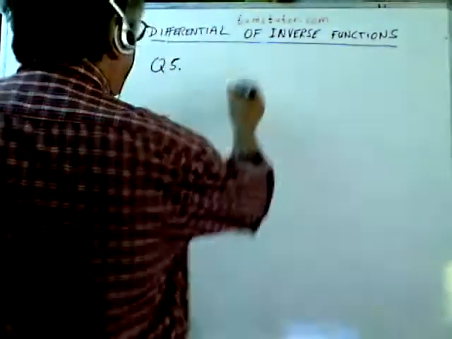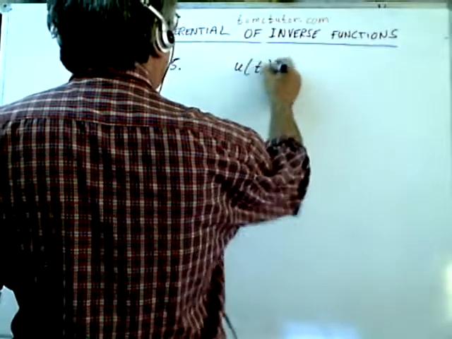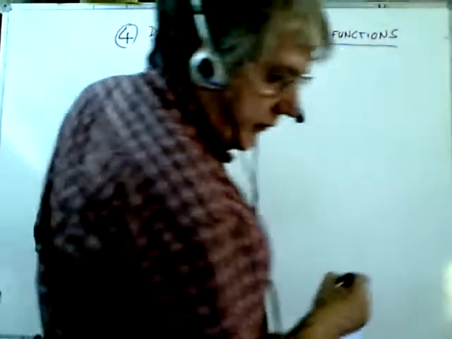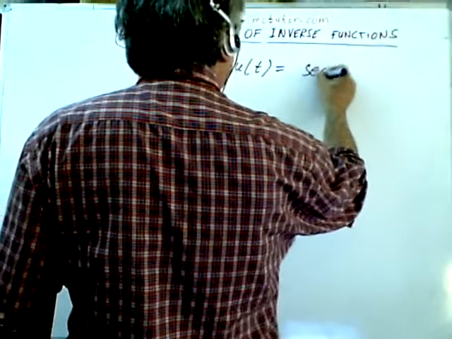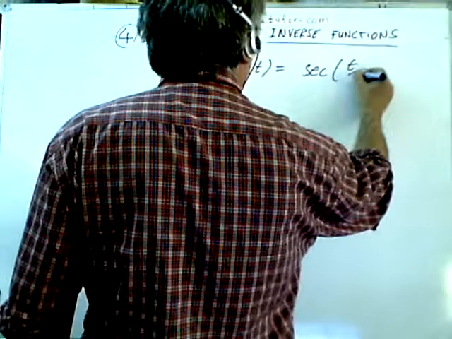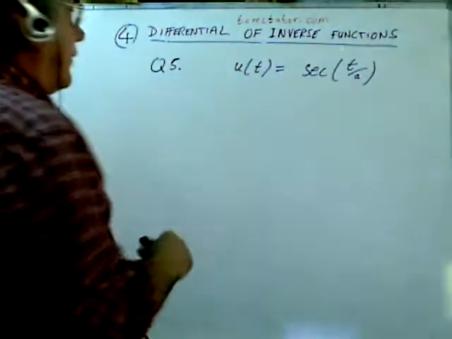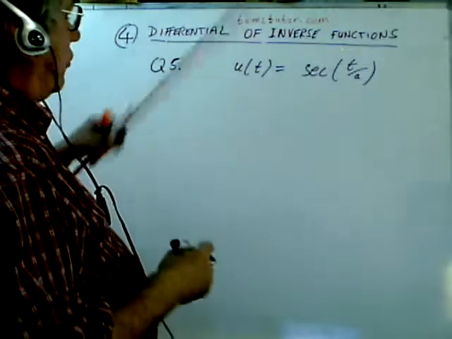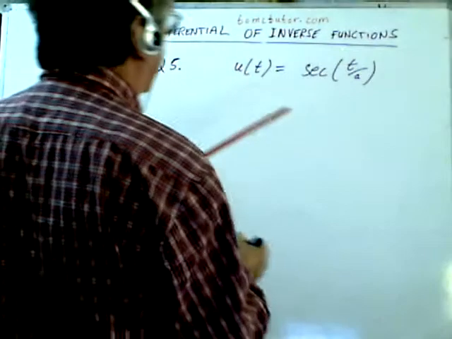So let's say we have u of t is sec t upon a, and we have to find the usual differential of the inverse function.